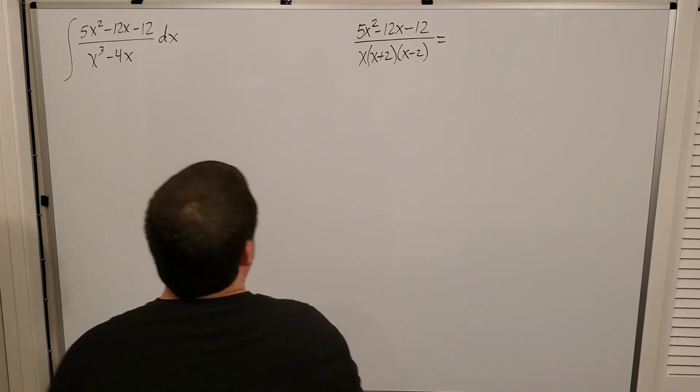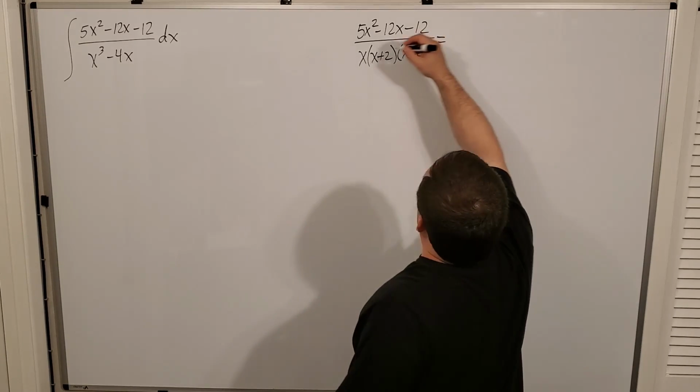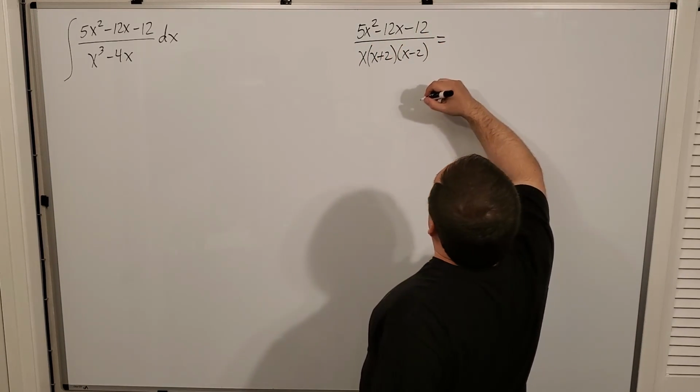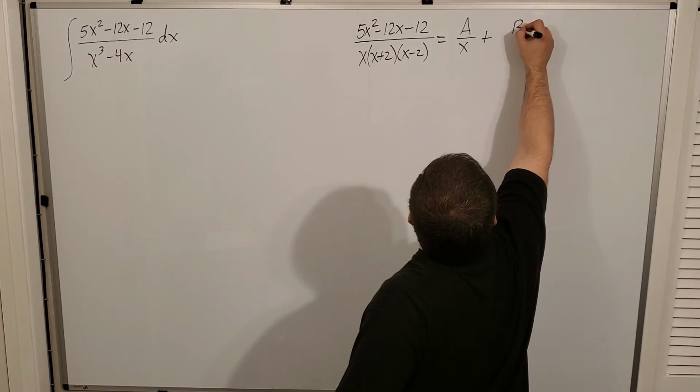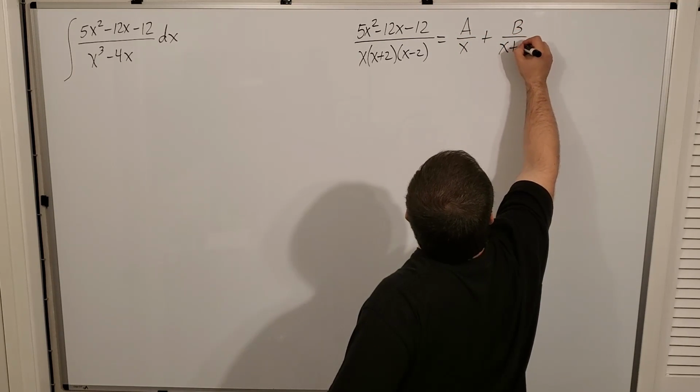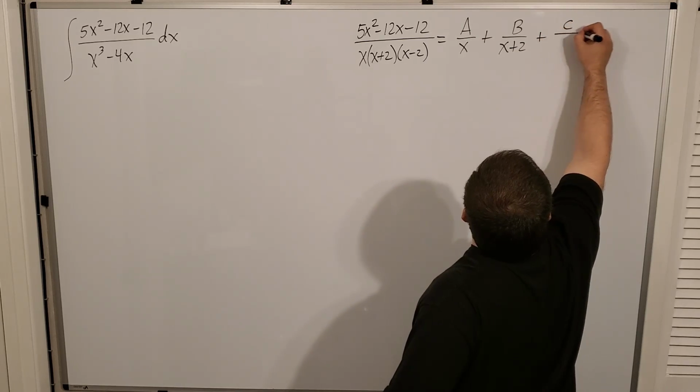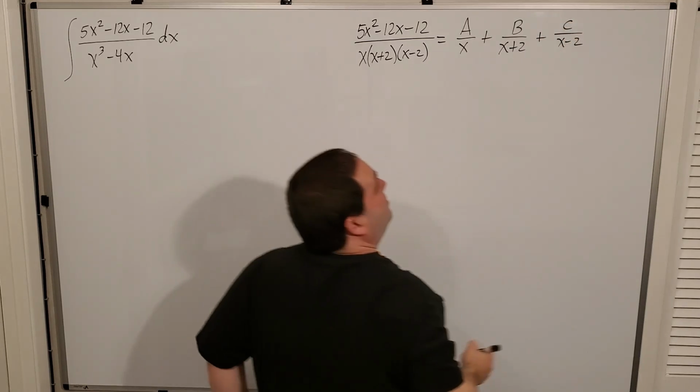All right, so that means they're all linear, none of them are repeating. I've just got A over x, B over x plus 2, and C over x minus 2.